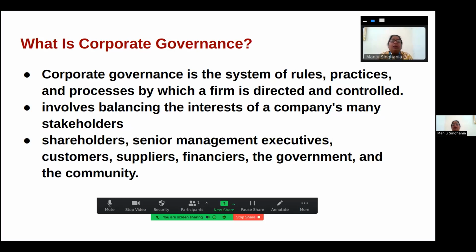Government: what is the relationship in balancing the interest of the company and the government? Government provides hard infrastructure and soft infrastructure for the business sector, and business utilizes that infrastructure. For example, power supply, water supply, roadways, transportation, banking, insurance.